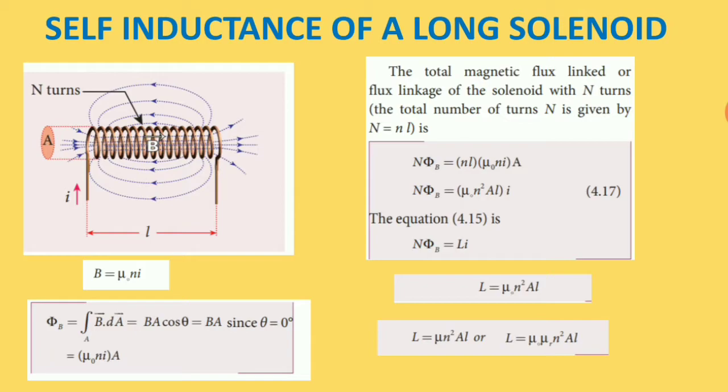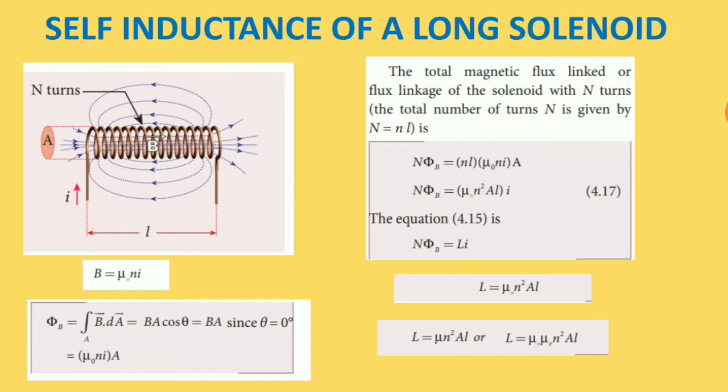So N is equal to small n L. Now, N phi B is equal to nL mu 0 n I into A. Now we get N phi B is equal to mu 0 n squared A L into I.